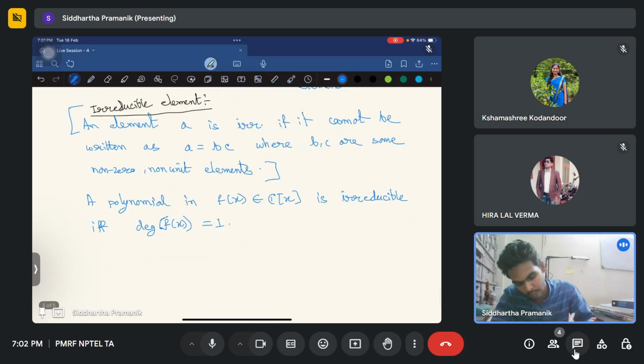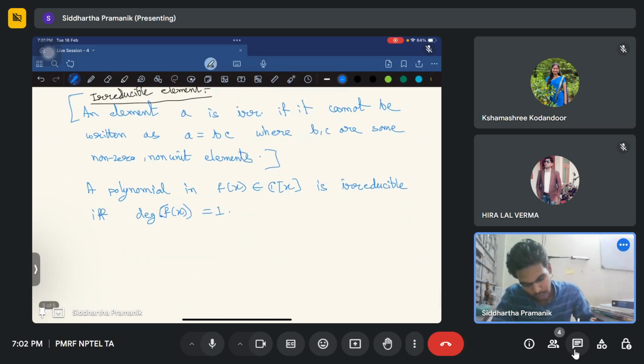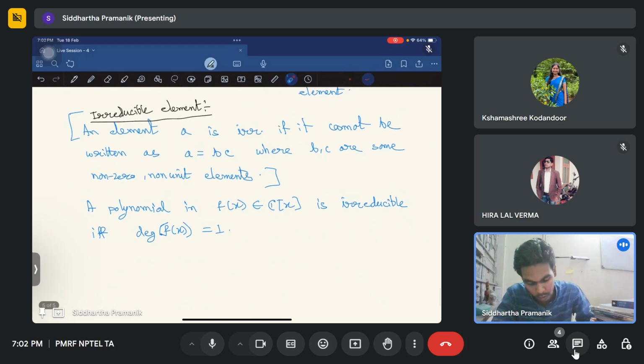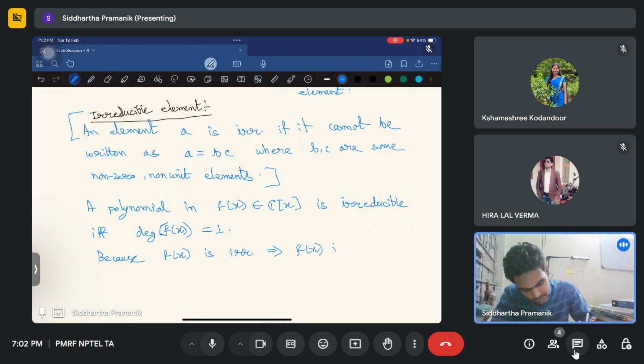So first of all, f(x) cannot be a unit, and not zero also, non-zero, non-unit, because f(x) irreducible implies f(x) is non-zero, non-unit by definition.